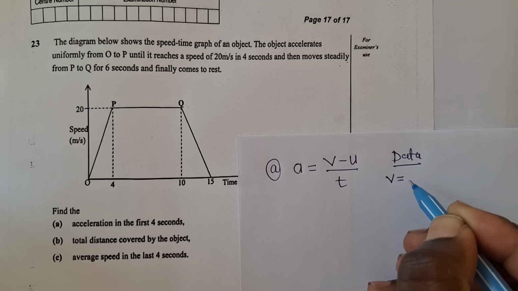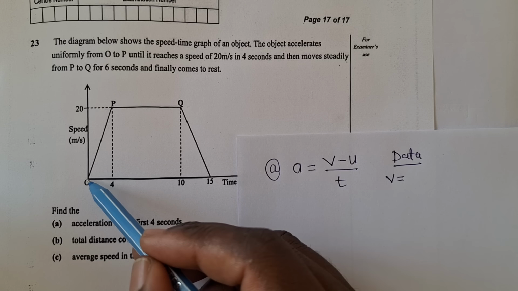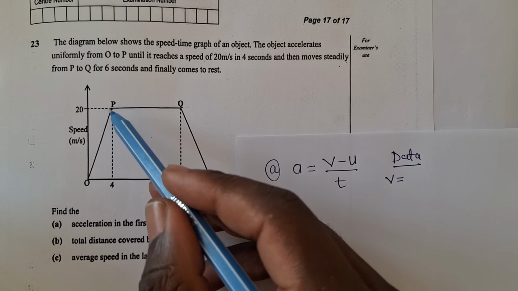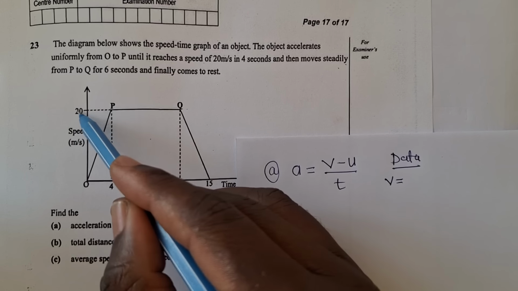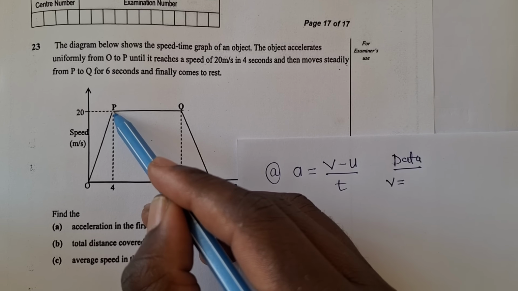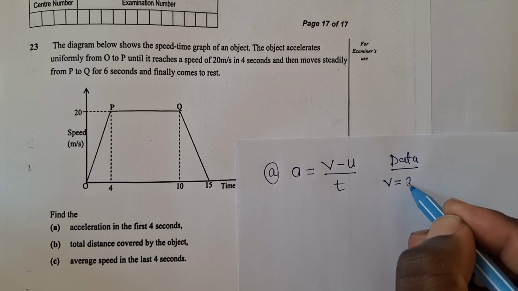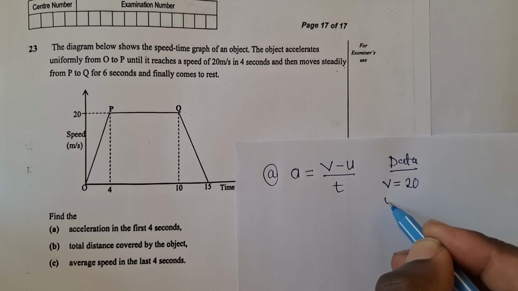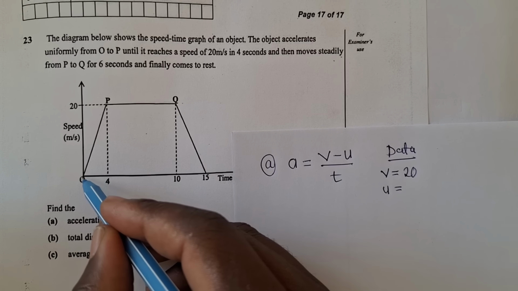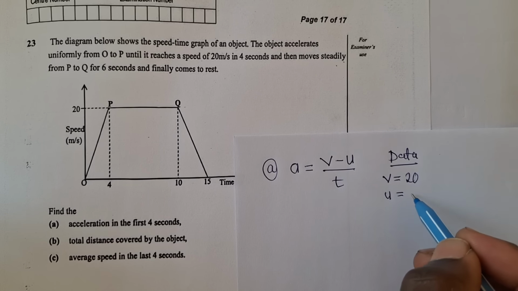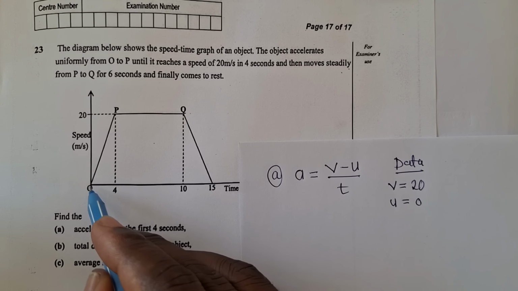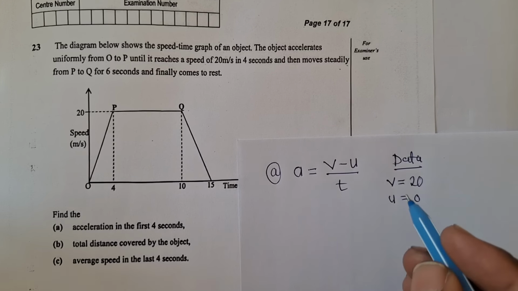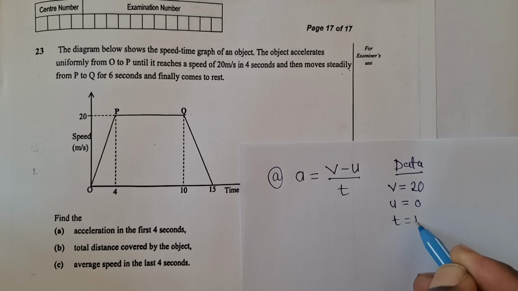Your v must be this side. Look at this, this is accelerating. And your v must be right here. You check the y-axis where it stopped accelerating here. That is our final velocity. It's 20. u is where it started from, this is 0. And then t is the time, the time difference from 0 to 4. So it's just 4 seconds, so you write 4.